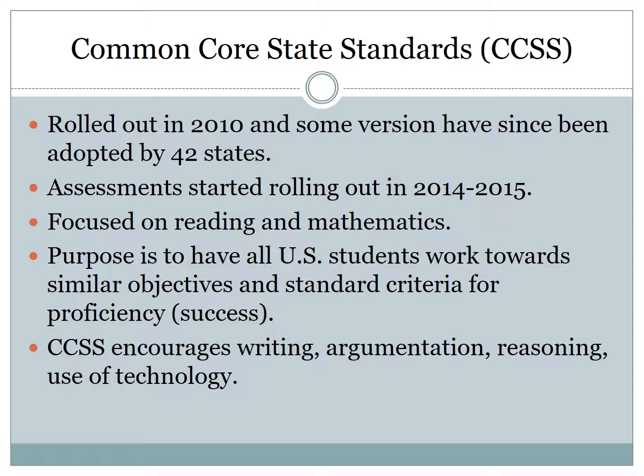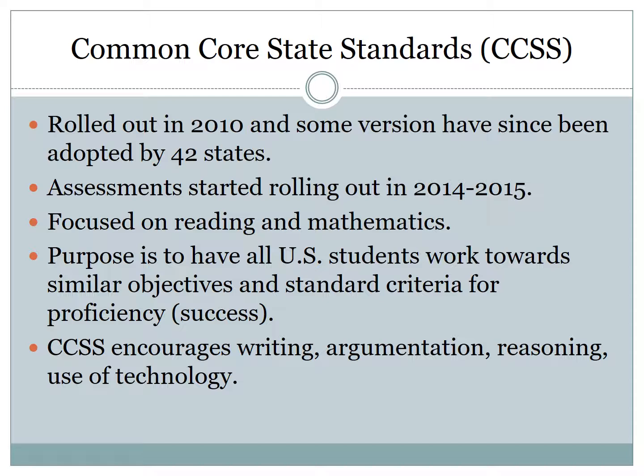So that kind of makes sense because if every state, which they were doing before, is measuring a different set of standards, we don't know how students are doing nationwide on certain important standards like in math and in reading. But the Common Core standards have been an attempt to try to standardize some of those standards.